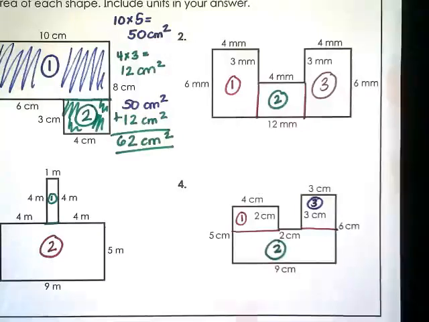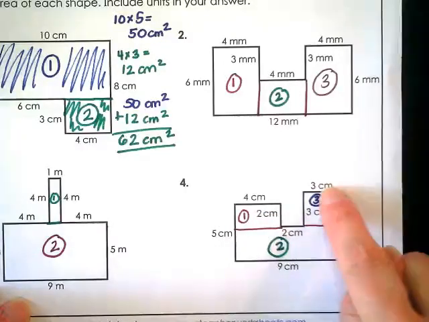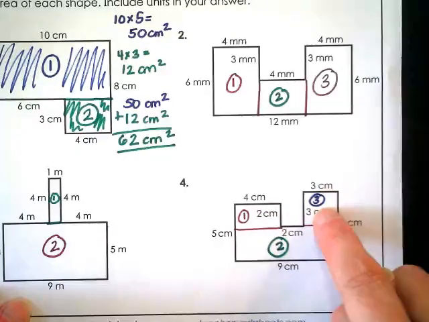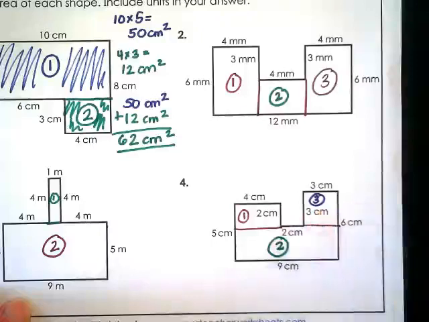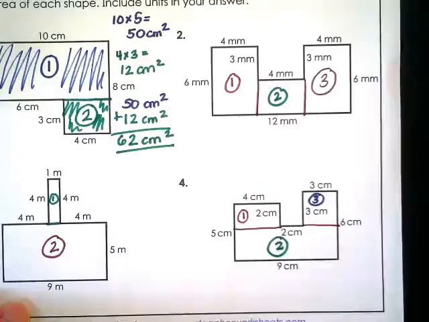Let's talk about it. These 2 are pretty easy, right? This one here is 4 centimeters times 2 centimeters to get that area. This one over here is 3 centimeters times 3 centimeters. The hard one is, what do we do with, we have 9 centimeters here. What is this distance along the side? I can figure that out.